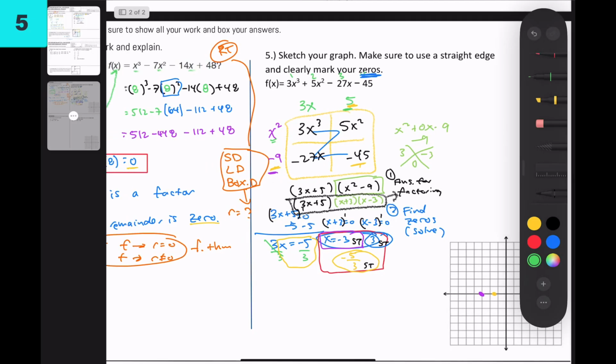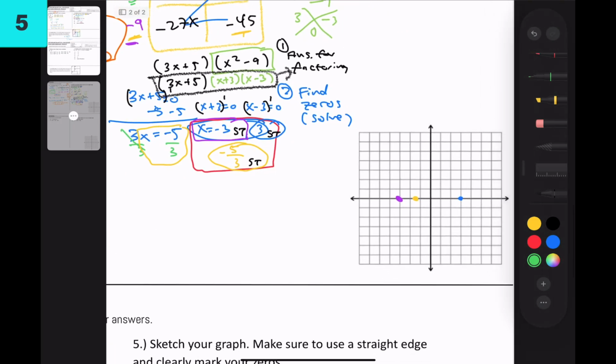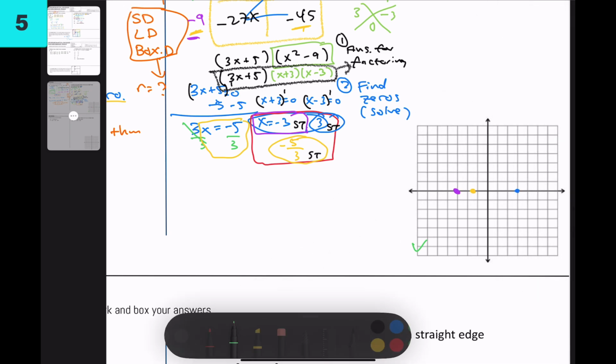Okay, so we have an odd degree. So just like the easiest one, which is x to the first, looks like that. So my arrows are going to be start down, end up.